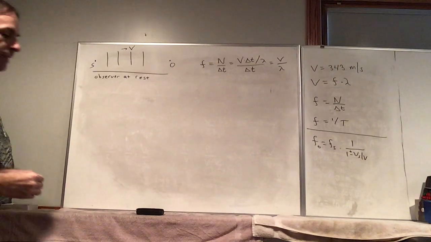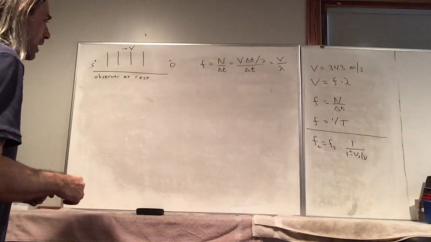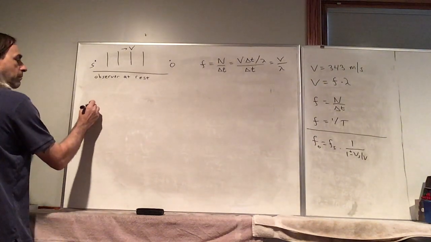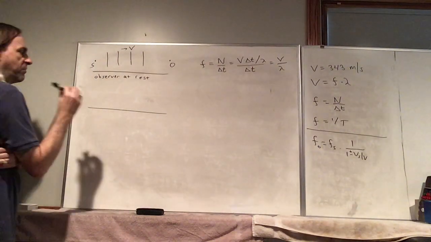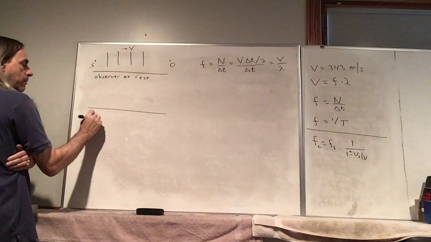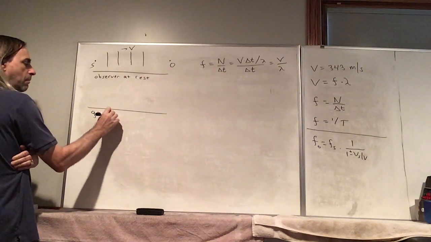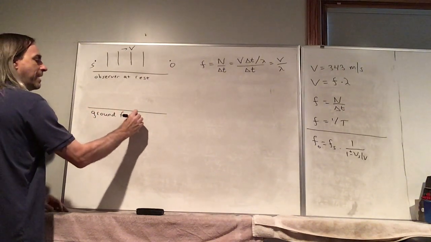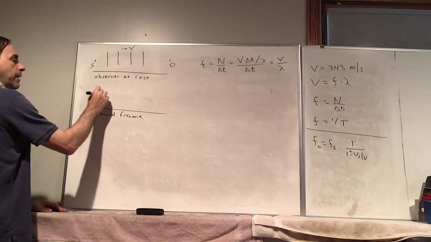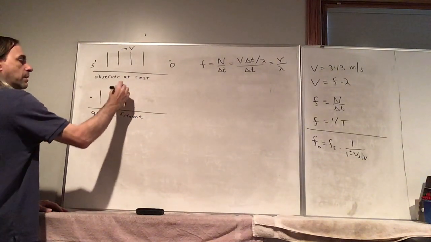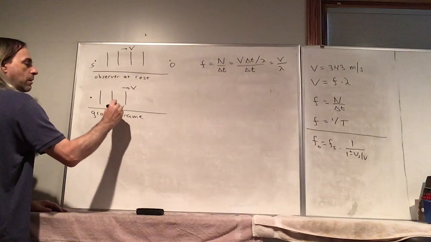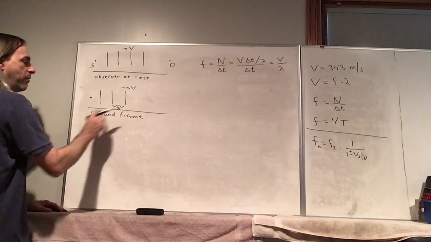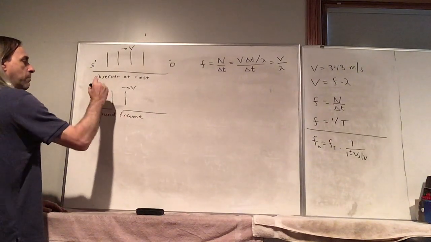Now, I want to look at this from two different additional reference frames. Let's call this a ground frame. So we're looking at a stationary source that's sending out these wavefronts moving at velocity v, and again, they have a wavelength between them.